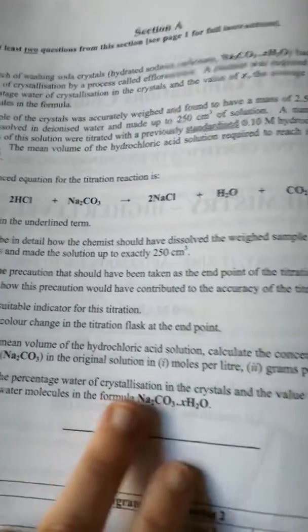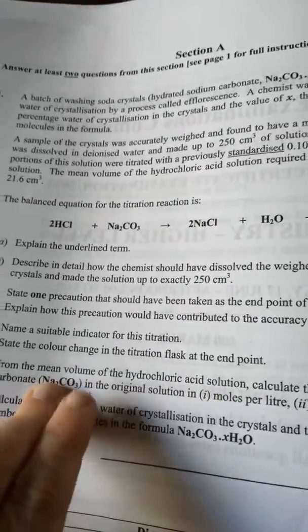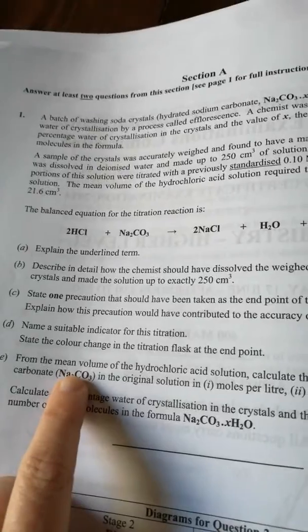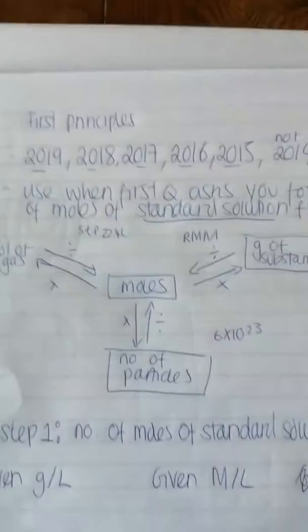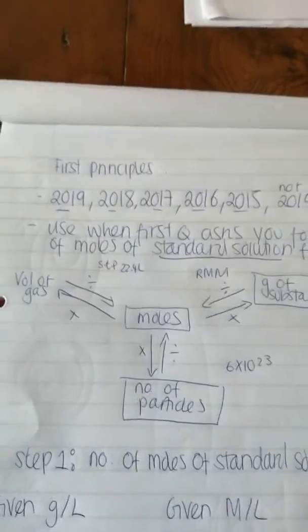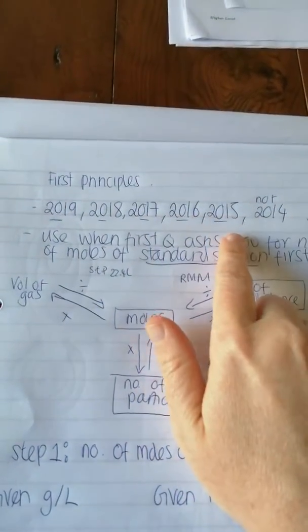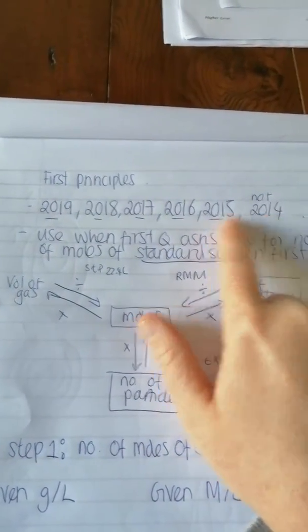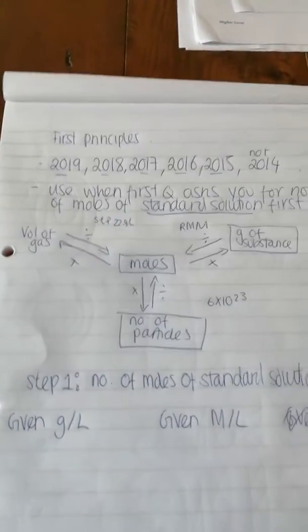So when they're asking you for the moles per litre of sodium carbonate, it's not the moles of the standardized solution. So in this question, you don't have to use first principles. What we've seen is that first principles is used all over the place in the last few years. 2019, 18, 17, 16 and 15 all had to use first principles. 2014 didn't. So we're going to talk through how to do that now.